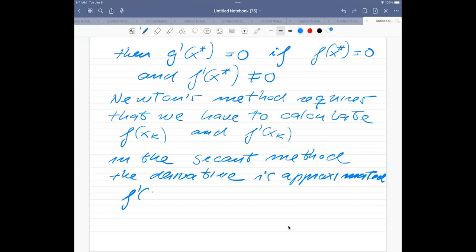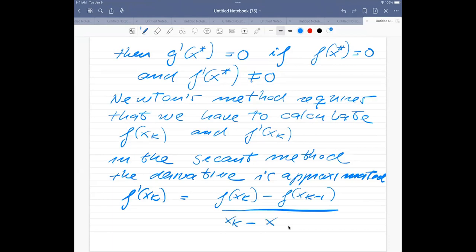So we have the f prime of x of k is simply given by f of x of k minus the previous value, minus 1, and divided by x of k minus x of k minus 1.